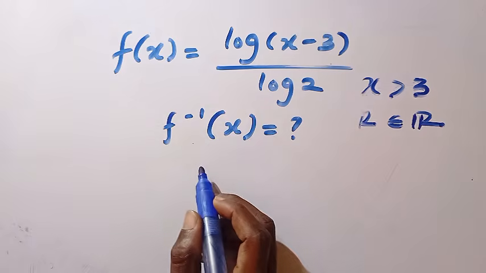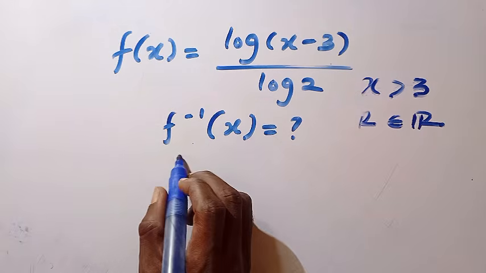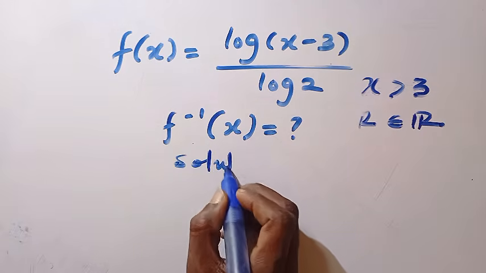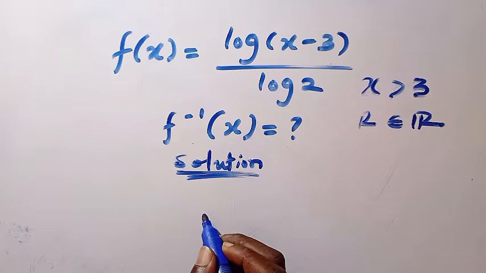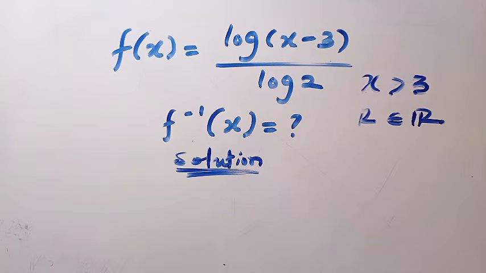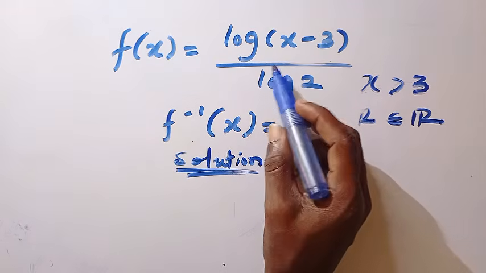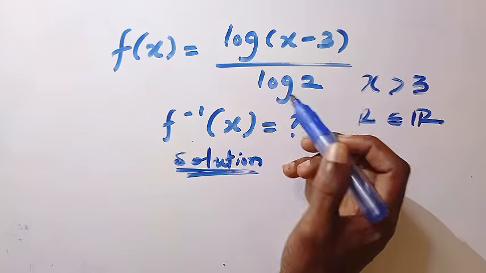And how can we get the inverse of the function? Let's provide a step-by-step solution, and if you have any idea of solving this, you can pause this video and drop the answer in the comment box. So first, let's try to understand this numerator and denominator.